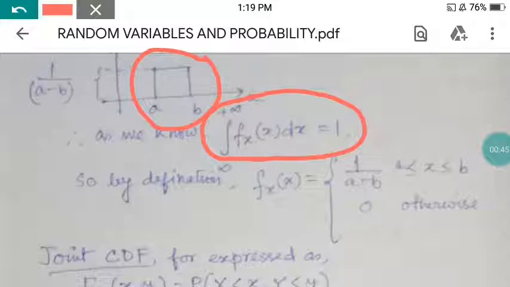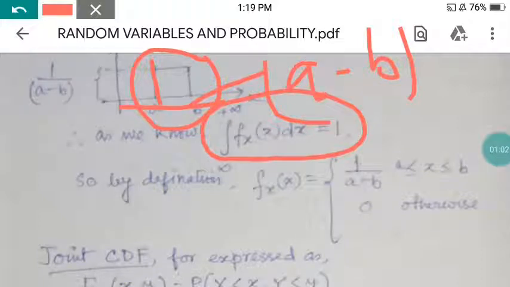If the range is a to b, the bottom line is b minus a, so the height of this line is 1 by (b minus a) in this range.